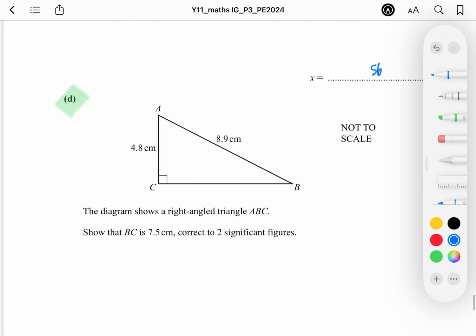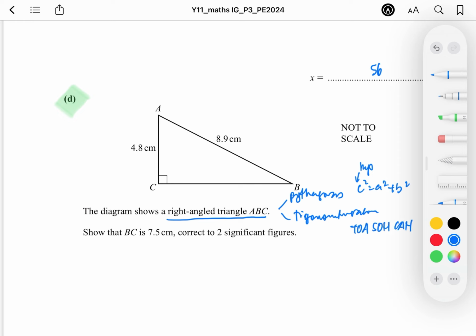The diagram shows a right angle triangle. This is a triangle problem. Again, two methods: either you use Pythagoras or trigonometric ratio. Pythagoras, c squared is equal to a squared plus b squared, where c is the hypotenuse.